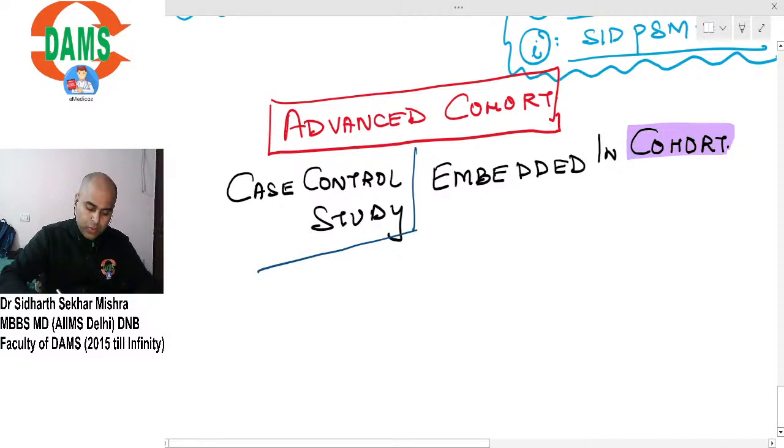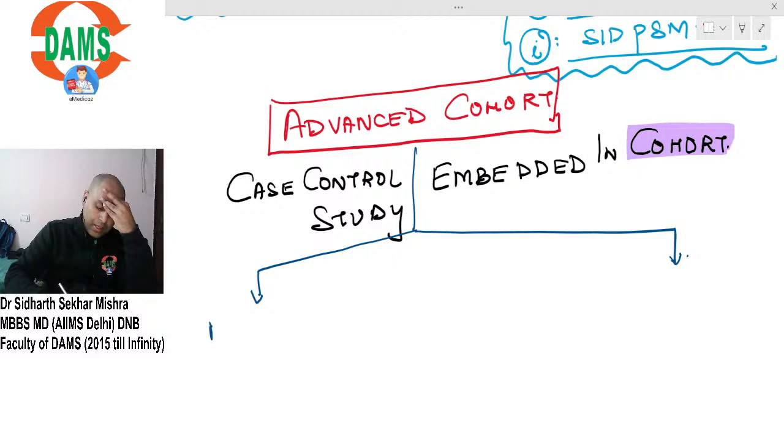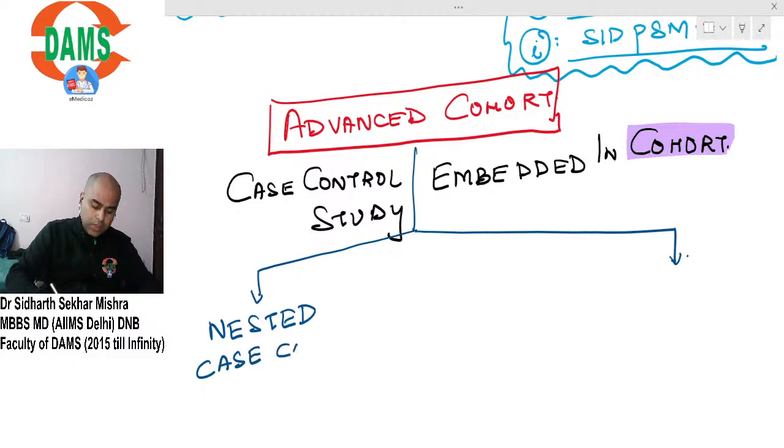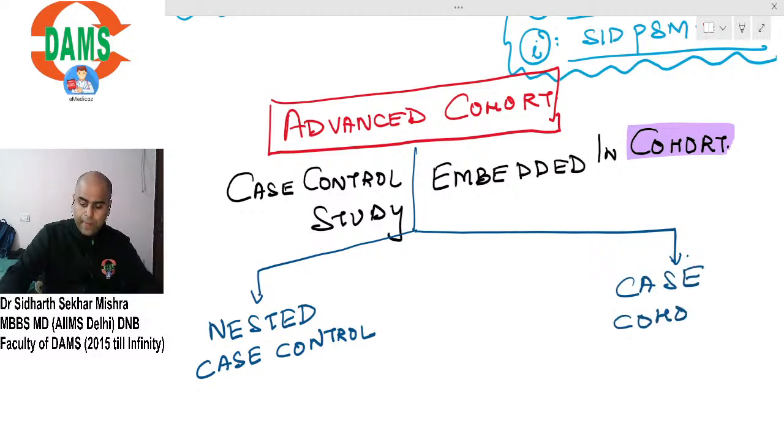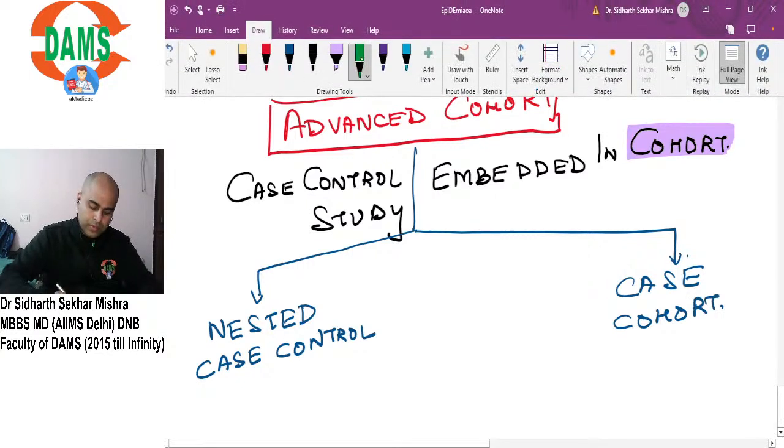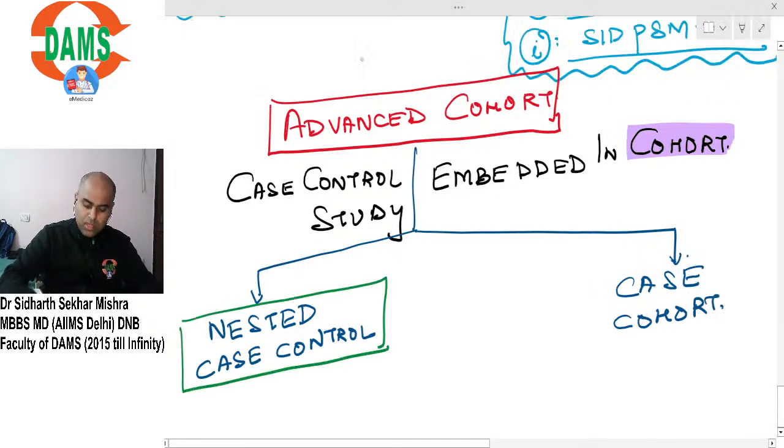Now this is of two types. One, nested case control, and the other is case cohort. Now, what is a nested case control?